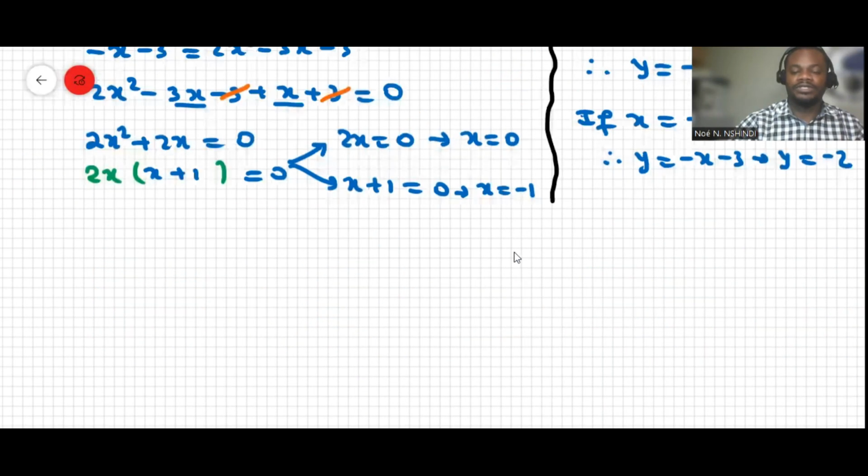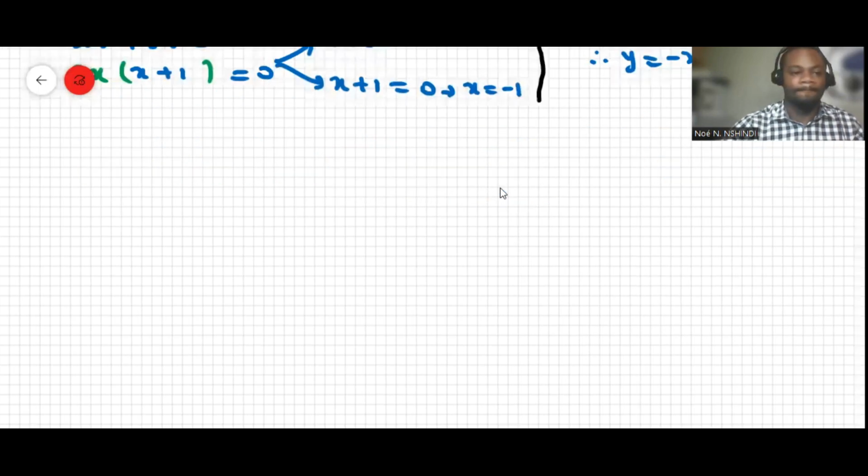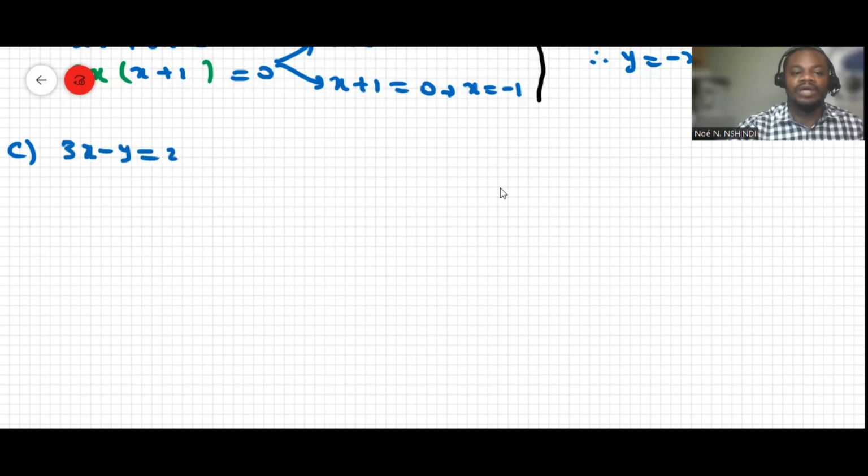We can do question C. Question C is given by 3x minus y equal to 2, and 3y plus 9x squared equal 4. Now, for question C, I think it's going to be easier if I make y the subject of the formula.